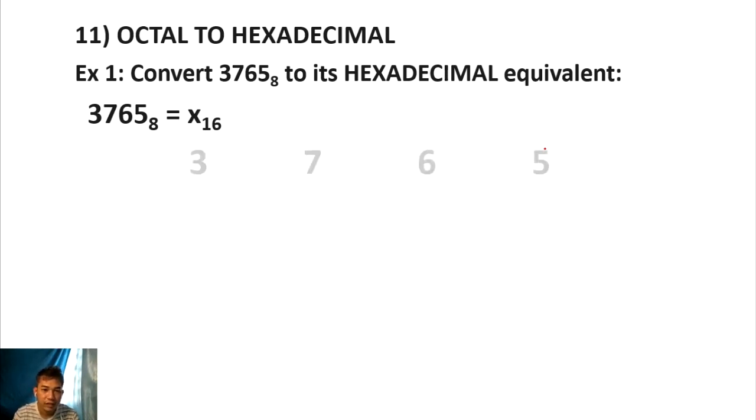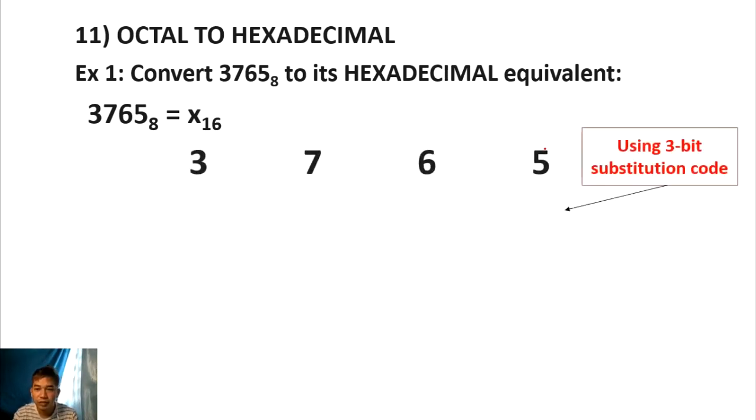The first thing we will do, class, is convert this octal number using the 3-bit substitution code. So 3 is 011, 7 is 111, 6 is 110, and 5 is 101.